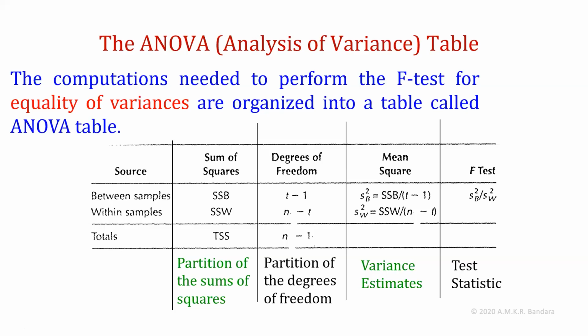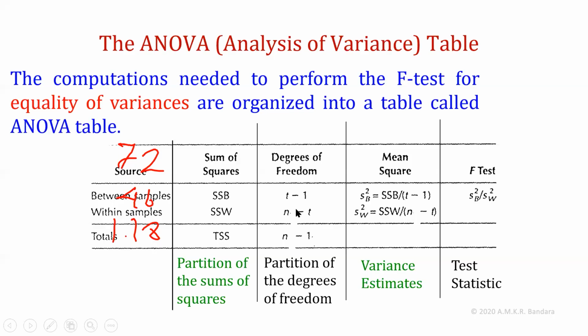Total sums of square was 118, between sums of square was 72, within sums of square was 46. Here between 72, within 46, total 118.